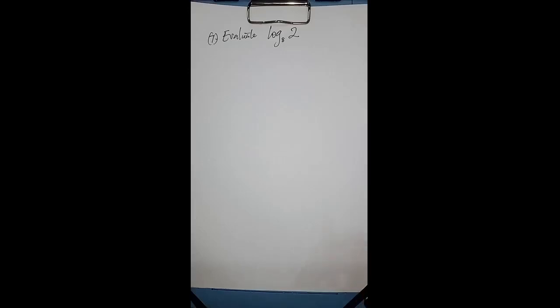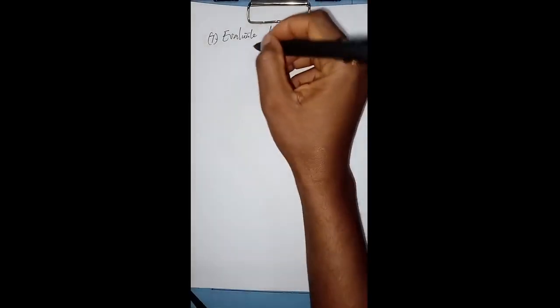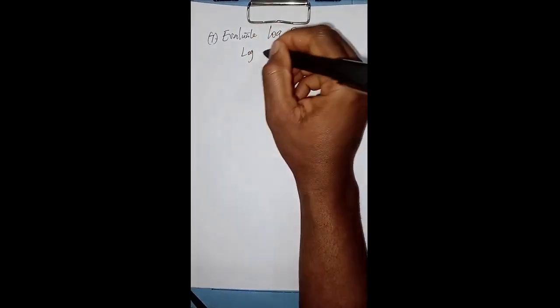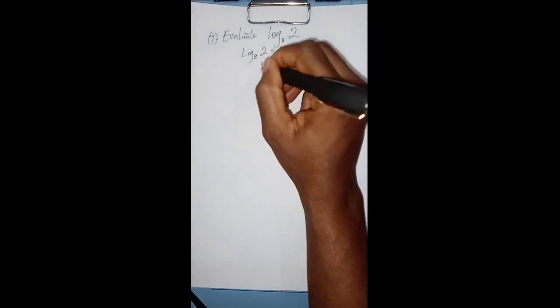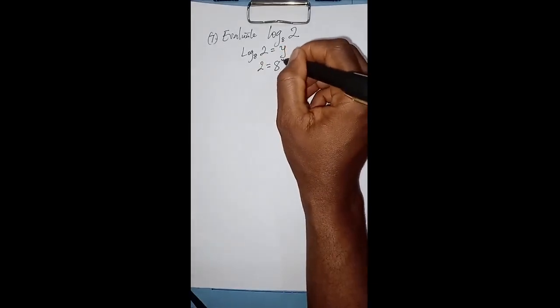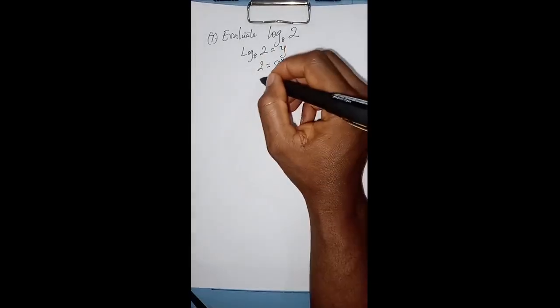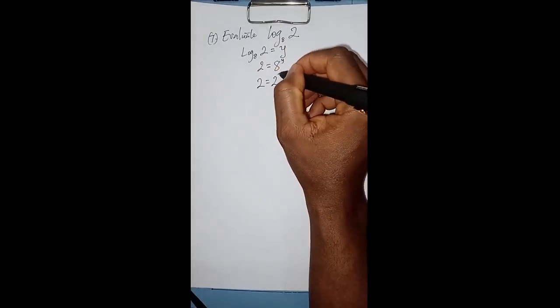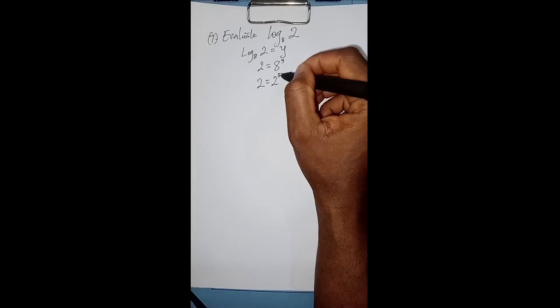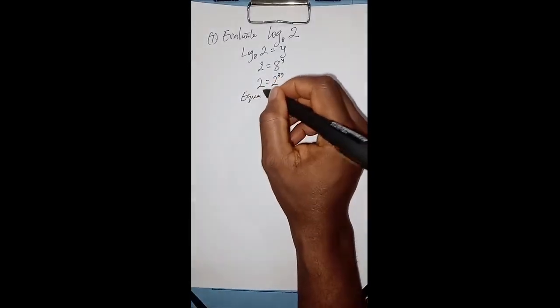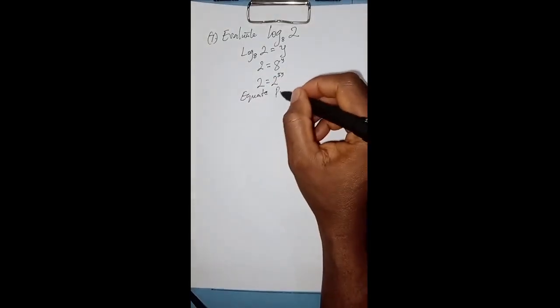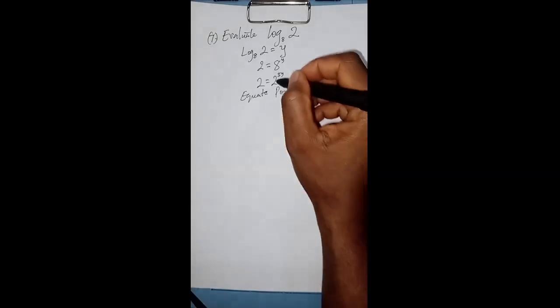Now this is another technical question. Evaluate log 2 to base 8. As usual, this is log 2 to base 8. Let it be equal to y. This 2 will be equal to 8 raised to power y. And this is 2 equals 2 raised to power 3y, because 2 raised to power 3 is 8. Now, at this point, it's possible for us to equate powers because the bases are the same.